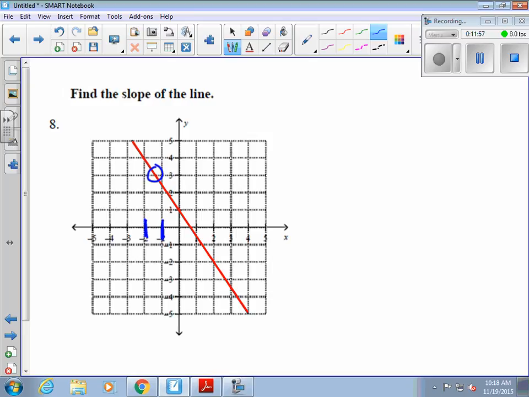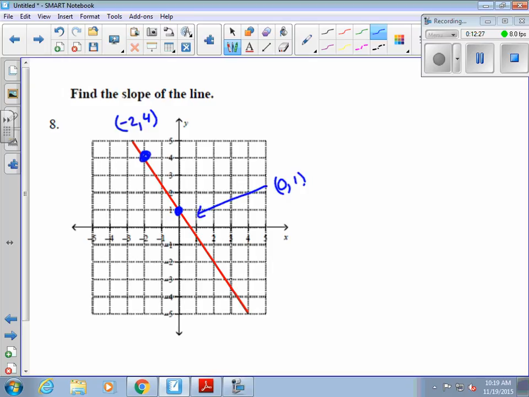So don't use that one. Use intersections that are clearly an x and a y value. This is a good intersection because its x value is -2 and its y value is 4. Another good one to use would be this one here. It is clearly 0 as its x and 1 as its y value.